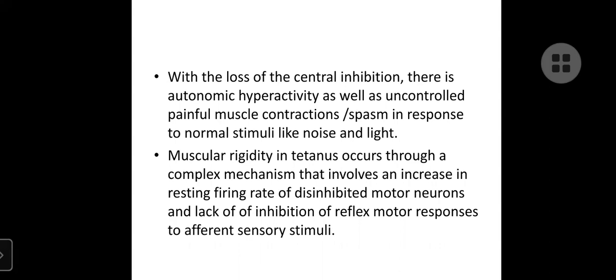You could also have it manifesting as muscle rigidity in tetanus, occurring from a whole complex mechanism where there's an increase in the resting firing rate and the disinhibition of motor neurons, also leading to reflex motor responses to afferent sensory stimuli.